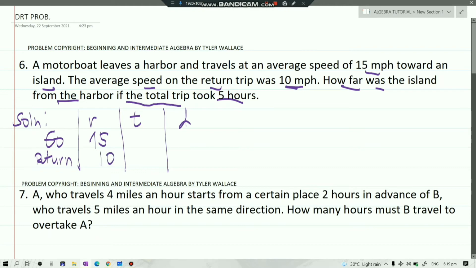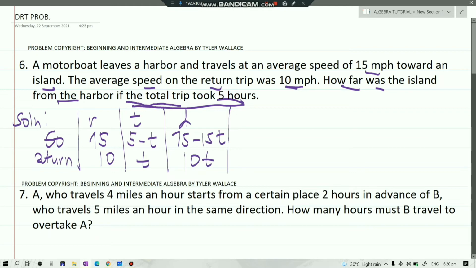Okay? And, notice yung time natin. If the total trip took 5 hours. Okay? So, magiging 5 minus t and the t. Okay? And distance, that is 75 minus 15t. Then we have 10t. Okay?